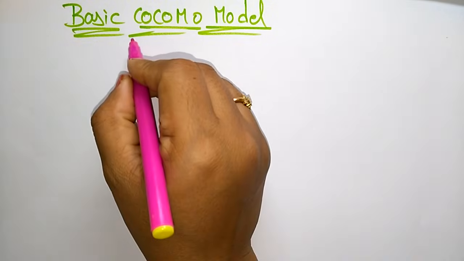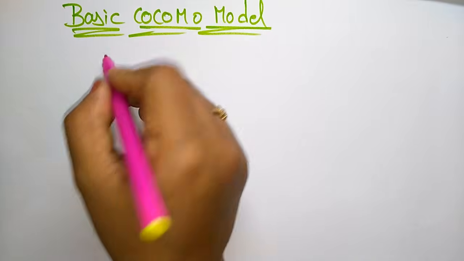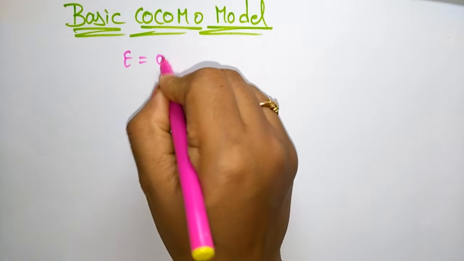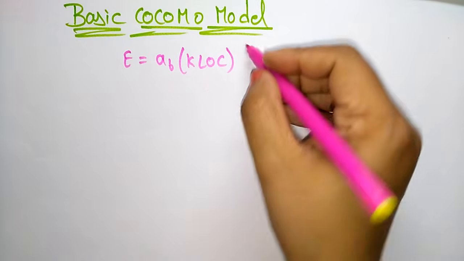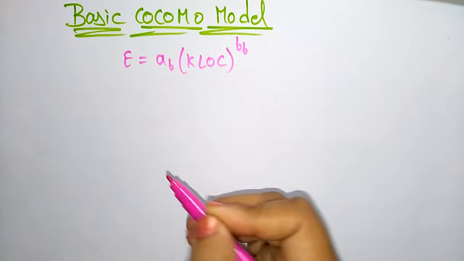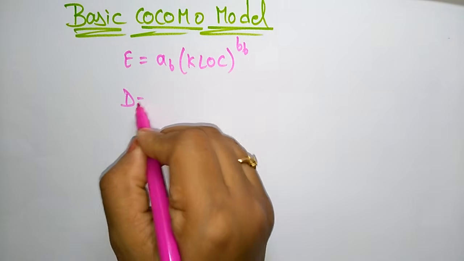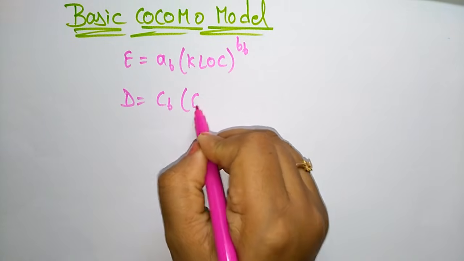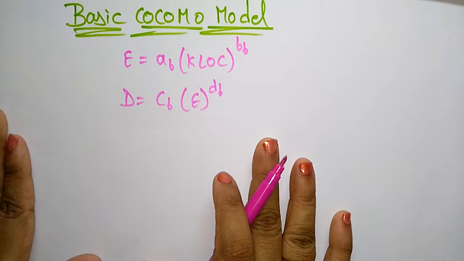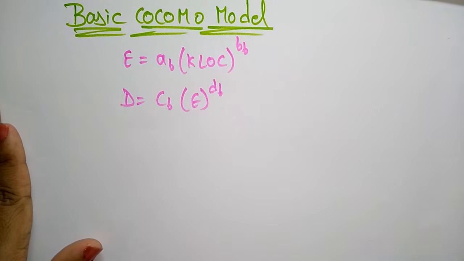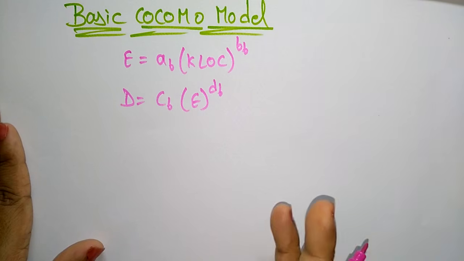The basic COCOMO model takes the form of E = ab (KLOC)^bb, where KLOC is kilo lines of code, and D = cb (E)^db. So these are the formulas for calculating the cost estimation if you use the basic COCOMO model.